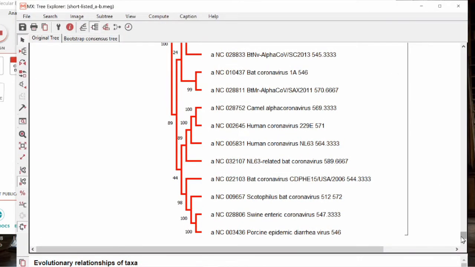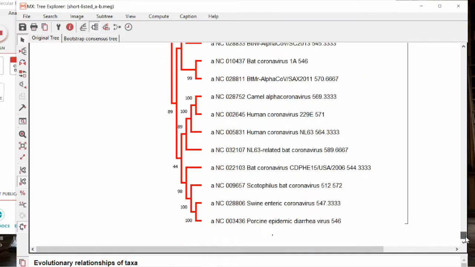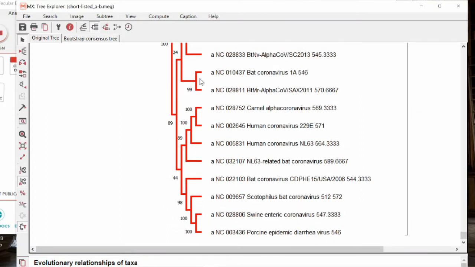Okay, let's explore. First of all, what do we have here? In the middle we have the phylogenetic tree, calculated by the neighbor joining method. And then here we have bootstrap numbers. Anything above 50 gives us some confidence that the reconstruction is correct.